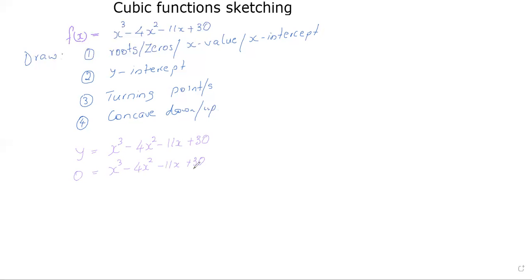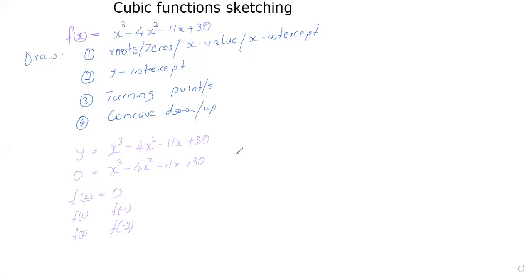Now we need to use the factor theorem and remainder theorem here to get the roots of this equation. First, our intention is that we should find f of x that will give us a 0. That's what we should get. So in trying to get this, we are going to substitute f of 1, f of minus 1, f of 2, f of minus 2.